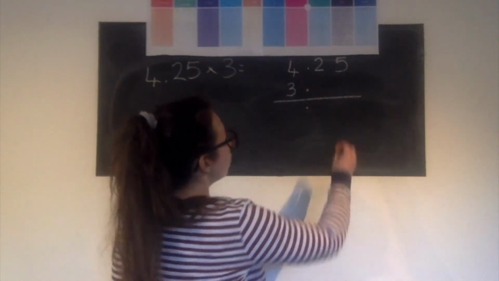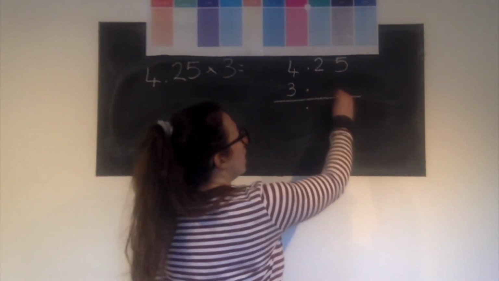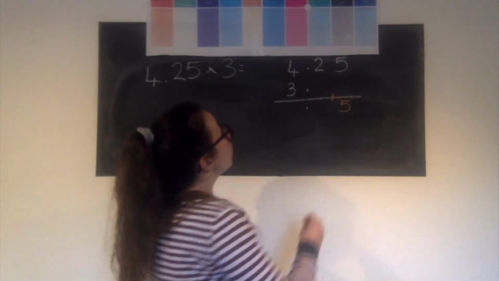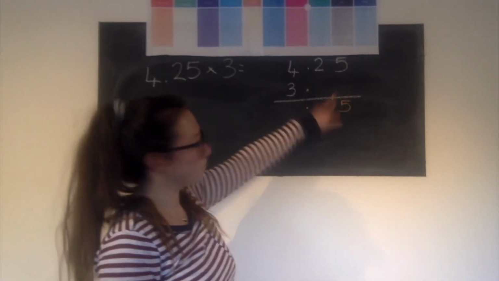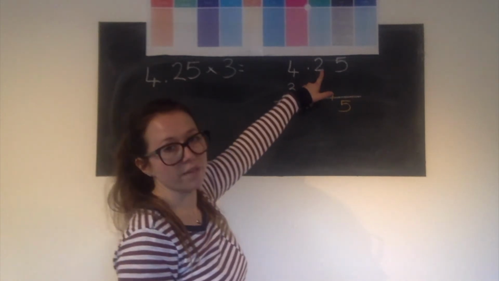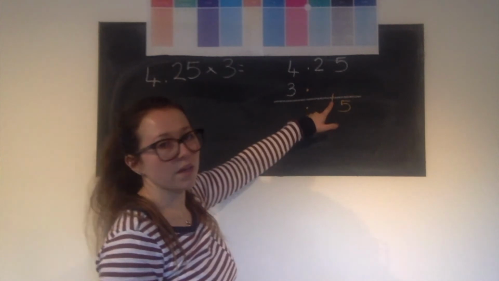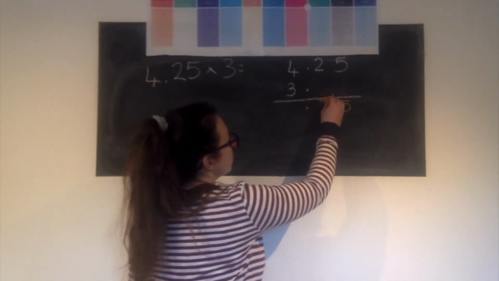Gives us 15 hundredths just like before. My 5 hundredths go there, and I exchange my 10 hundredths for 1 tenth. This time I've got 3 lots of 2 tenths, which gives us 6 tenths. Add this tenth here, gives us 7 tenths.